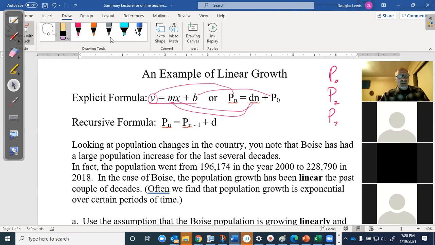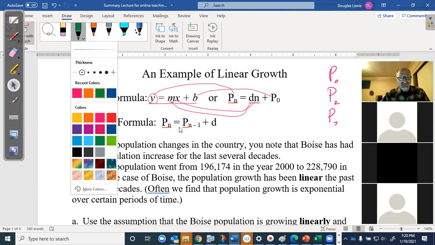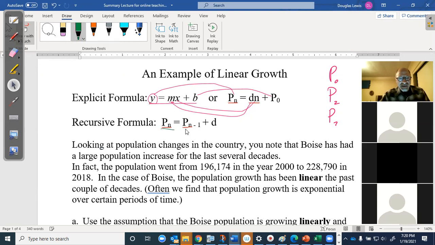Now, a recursive formula gives us something different. P sub n equals P sub n minus 1 plus d. Now notice d is like the slope. You're used to calling m the slope, right? It's also a constant difference, which you might not have used.